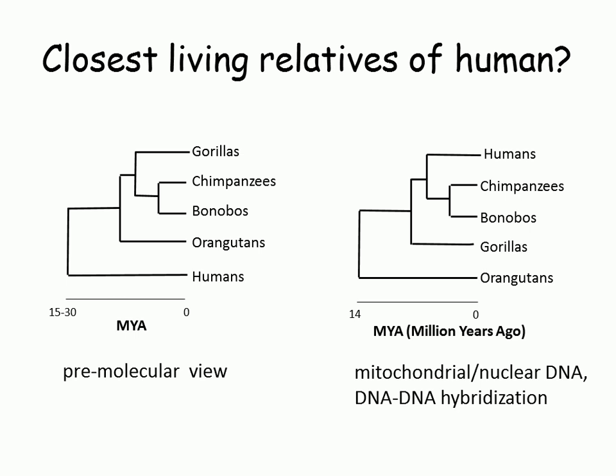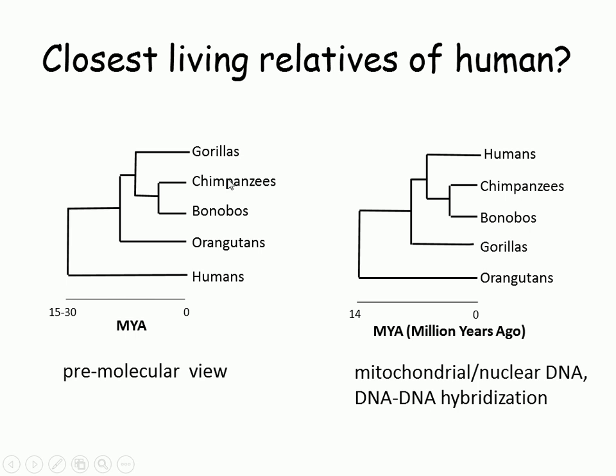One of these corrections is how humans relate to other animals. In the pre-molecular view, that's before we had the genetic sequences, humans were a separate branch, and these other animals were clustered together.